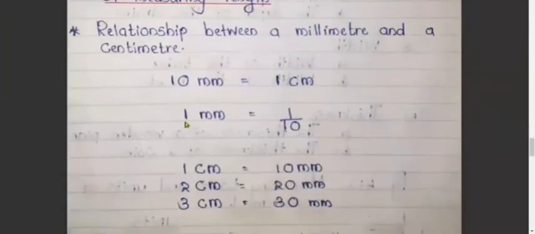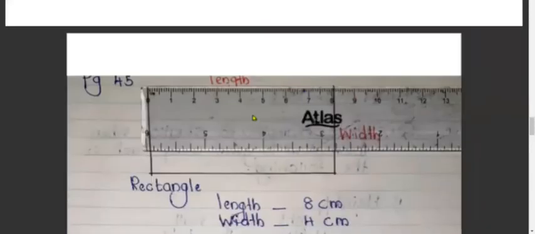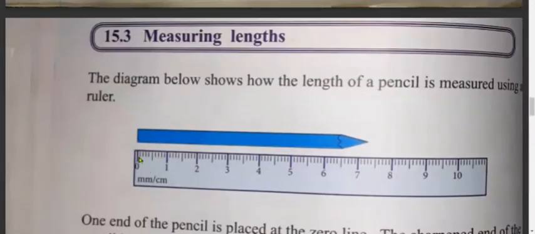Then 1 millimeter: double M means millimeter. 1 millimeter means 1 over 10. You divide into 10 equal parts, only one part, 1 over 10.